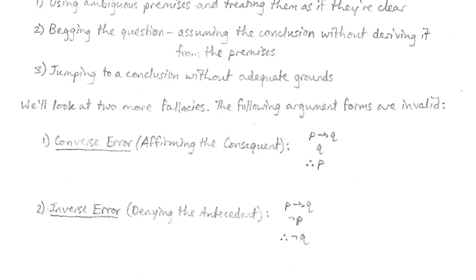Number two is called the inverse error, also known as denying the antecedent or the hypothesis or hypotheses. Again, we assume we have a conditional or an implication that we know is true, and we also know that not P is true. We can't then necessarily conclude that not Q is true.